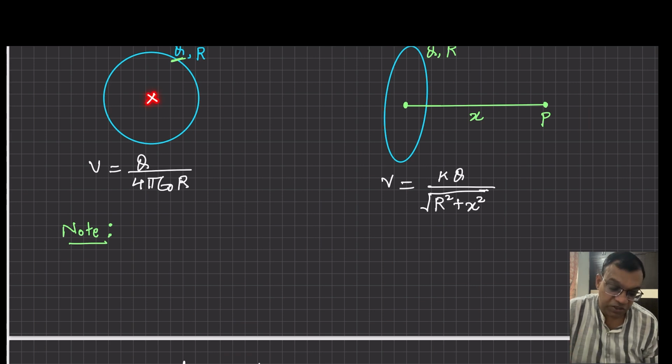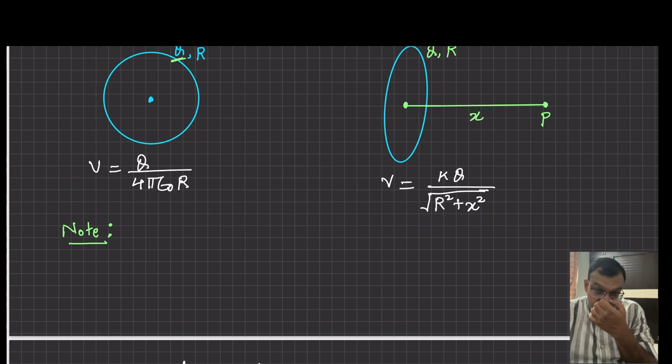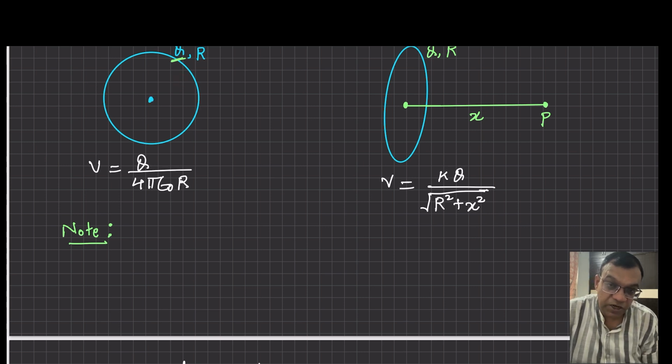In all cases, the potential at the center will be the same. But the electric field is not going to be 0.